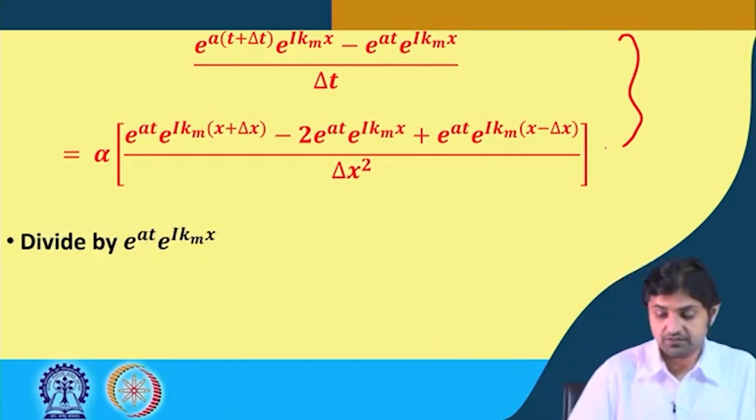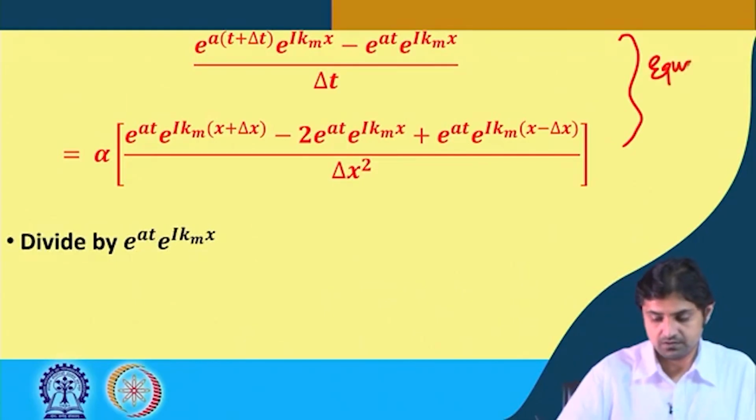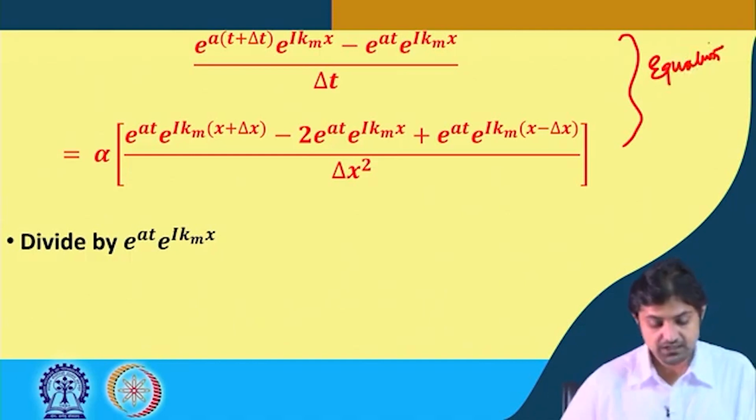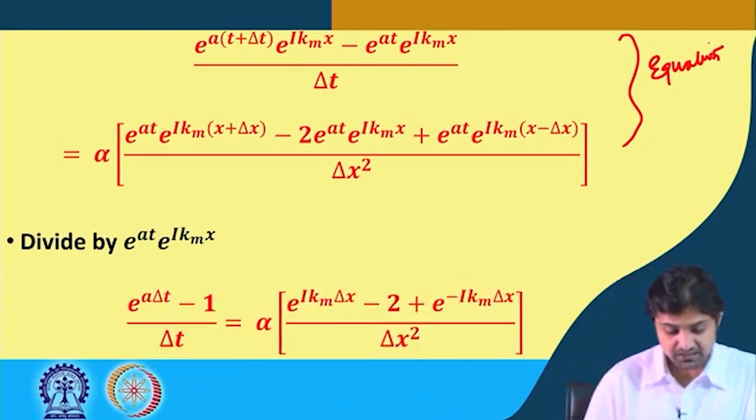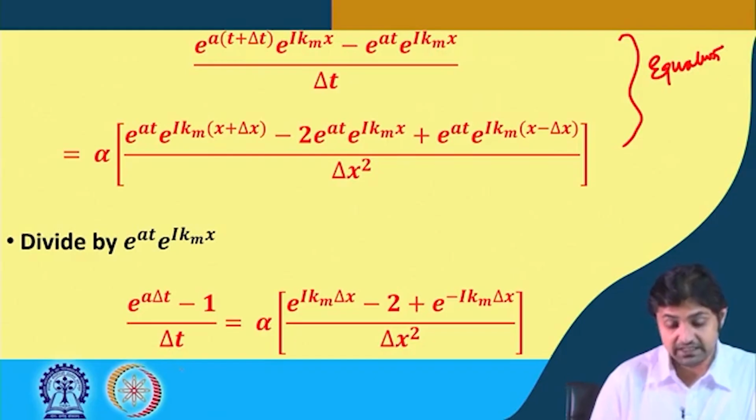Now if we divide this equation by e to the power a t times e to the power i k m x, on the left hand side we are going to get e to the power a delta t, because the t terms cancel, is equal to a more simplified expression with e to the power i k m delta x, because x and x plus delta x leave just delta x, and this term will completely go away.